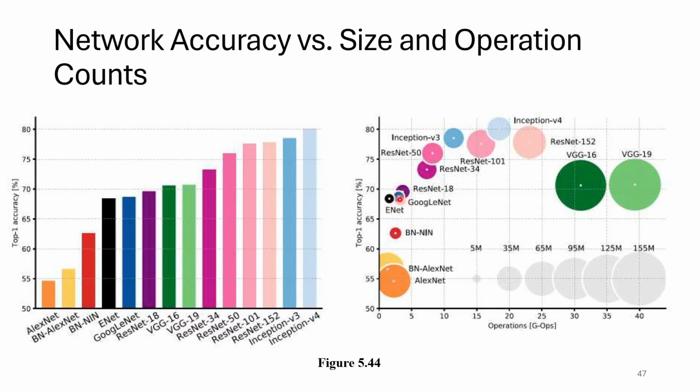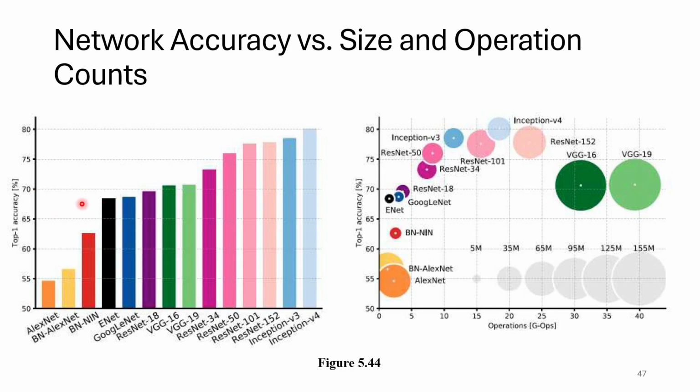It's around, I think, 10 million parameters. So this is the advantage of GoogleNet. And this is their performance. GoogleNet is here. Its accuracy is around 70 plus, 60 plus.